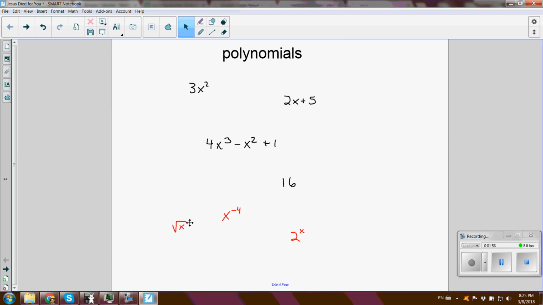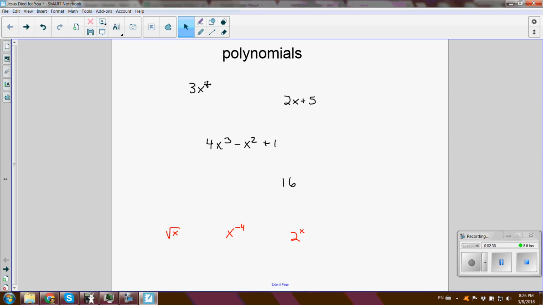None of these are polynomials because you can't have a negative exponent, x can't be the exponent, and you can't have a radical. So basically, these aren't polynomials because they don't follow the rule that the powers of x must be whole numbers.